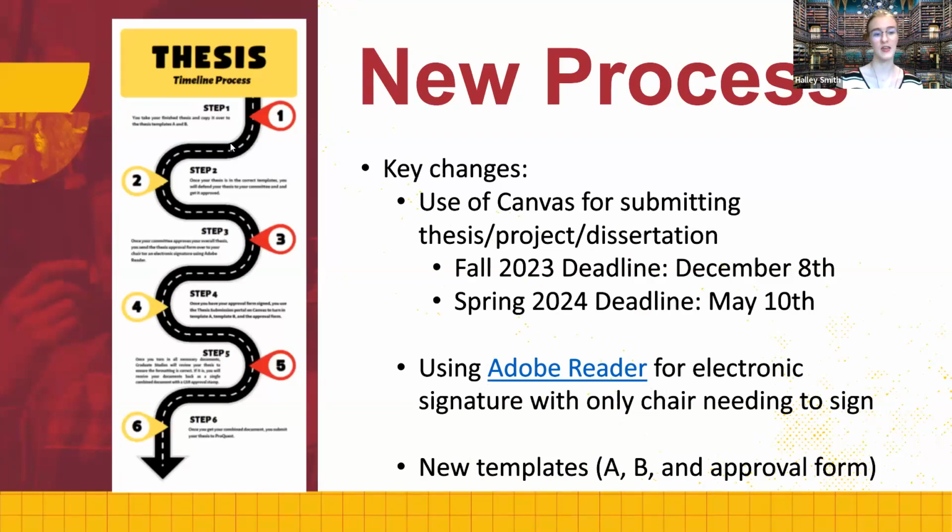And I recognize the timeline process here is a little blurry, so we will actually escape this presentation in a couple of minutes, and I'll go over to the actual PDF version for us to look at. But essentially, there are some key changes. Like I said earlier, we have Canvas as a tool for submitting the thesis now. In the past, you may have emailed it over. Now you actually get a submission box, just like assignments that your professors give you, and you can turn in your thesis, your project, your dissertation there.